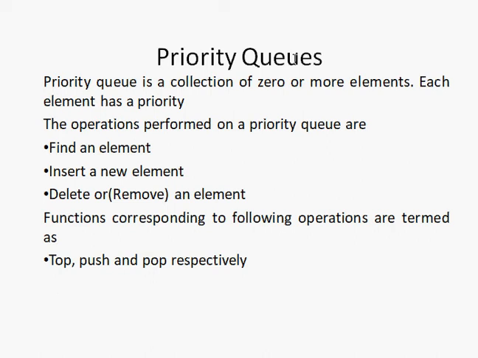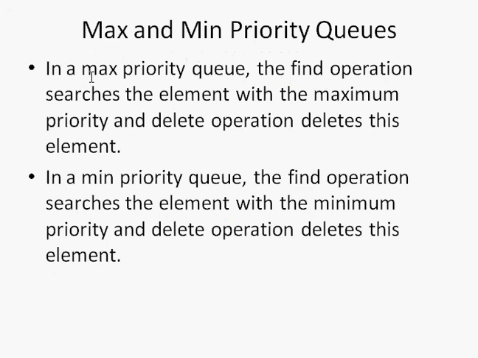So for the search operation, we find an element with maximum priority, insert an element in order, and delete an element with maximum priority. Okay, so that's the definition as addressed.